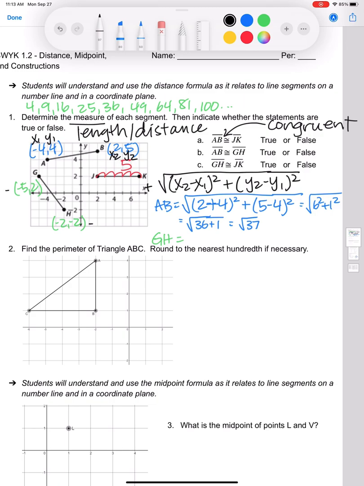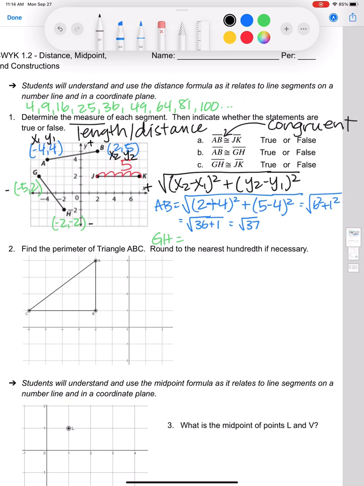Because we have the length of AB and JK, we can answer part A, which was whether segment AB is congruent to segment JK. And we can see that since we got square root of 37, which is not equal to 5, that would have been square root of 25, that AB is not congruent to JK.